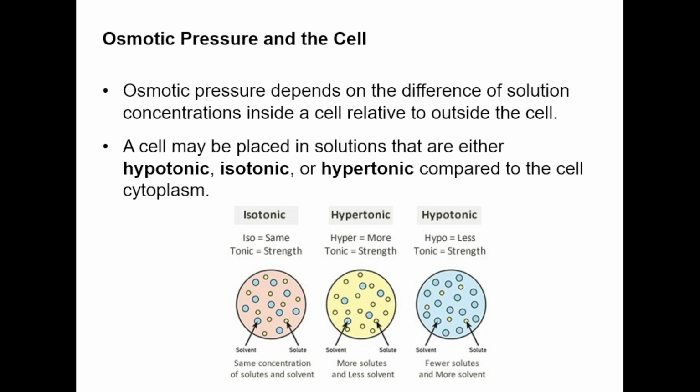We will put a cell inside a solution of different concentrations of water and solute, and compare the result of these solutions to the cell. So there we have three types of solutions. These are isotonic, hypertonic, and hypotonic.